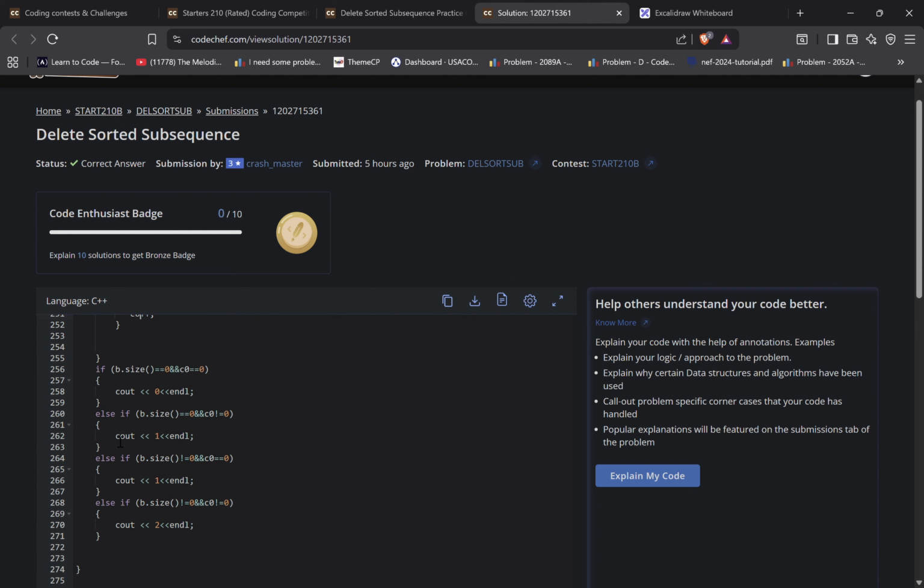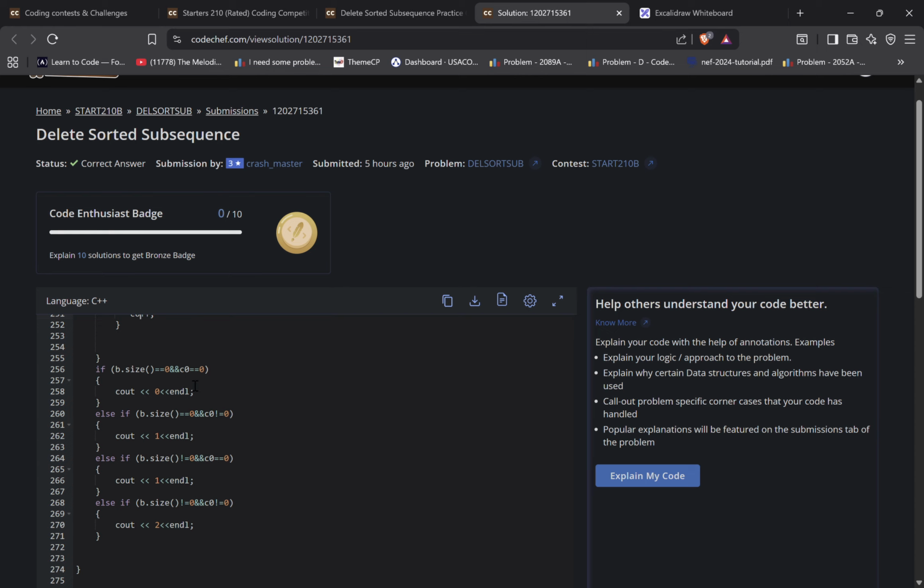Now here comes the part. If the size of b is equal to 0, sorry, if the b vector is empty, what does that mean? There are no misplaced ones in the beginning or in the very end.